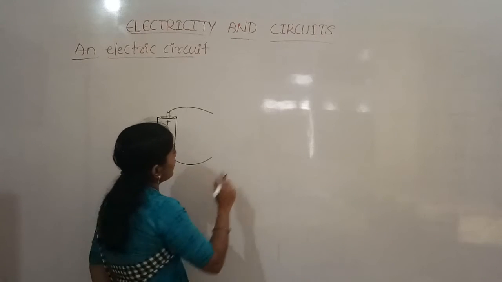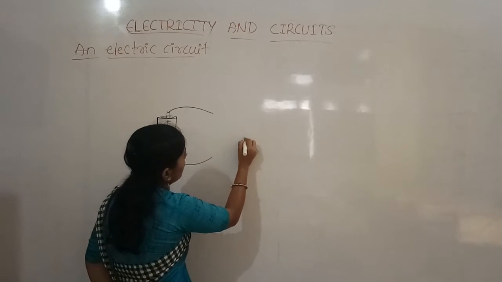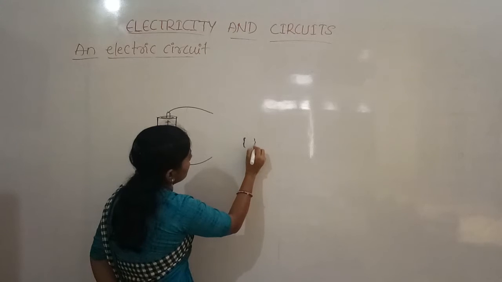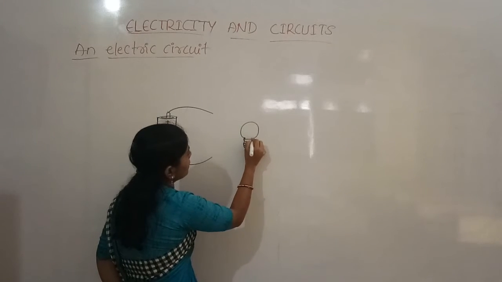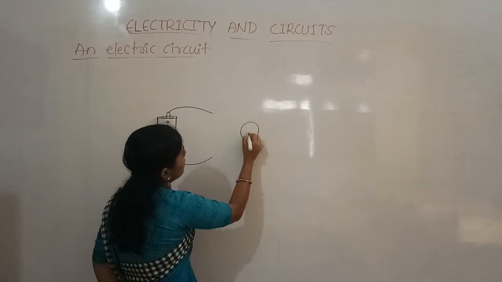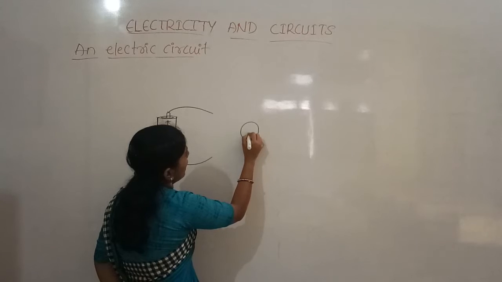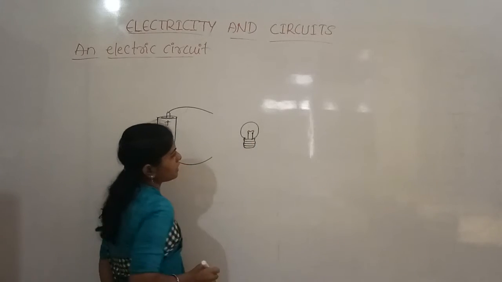And again you take a bulb, an electric bulb. So this will be like this, and here it will be connected to two thick wires, and one more thin wire is connected.